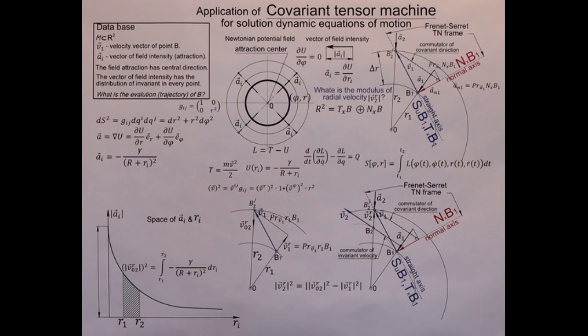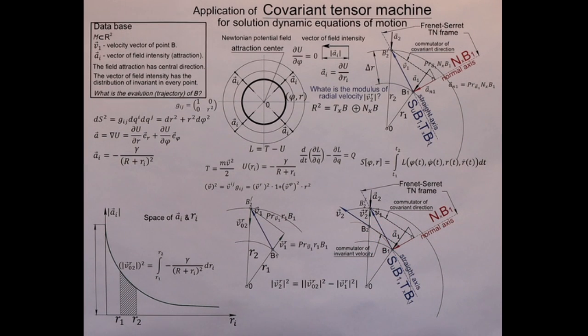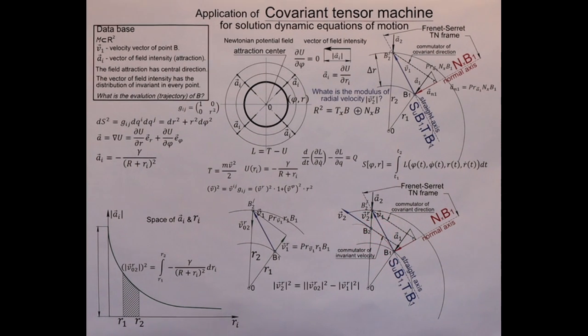It is the commutator of invariant velocity. In other words, it is the transversal commutator. In this case, the commutator defines the invariant of the velocity vector v2.